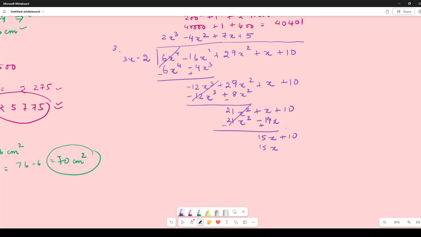Minus 10. 15x minus 10. So this becomes minus 10 minus 2x plus 5. 15x plus 10 minus 10, and we get over here minus 2. So the sign change over here, and we get a remainder of 20.